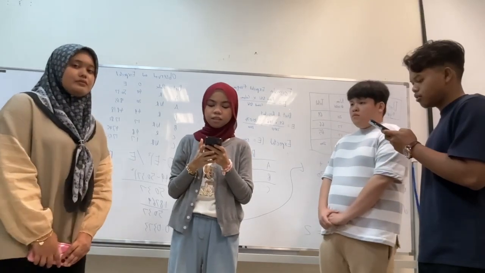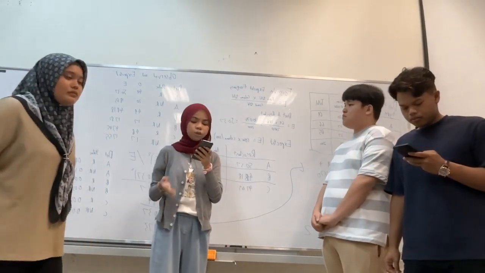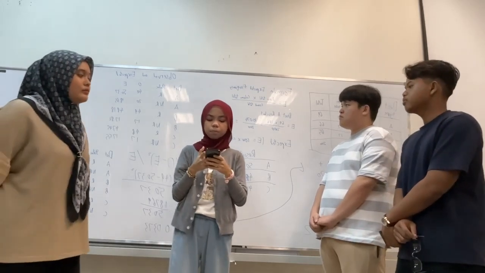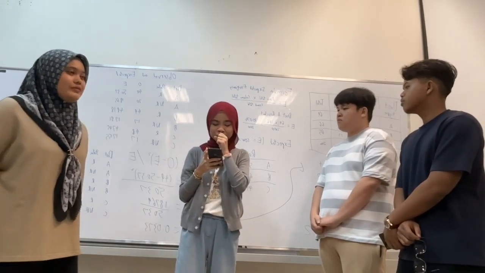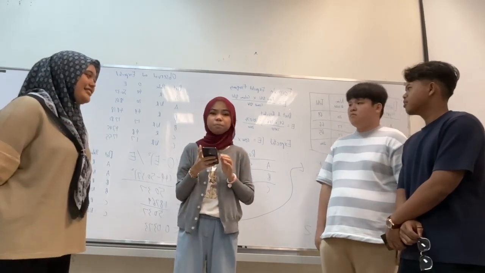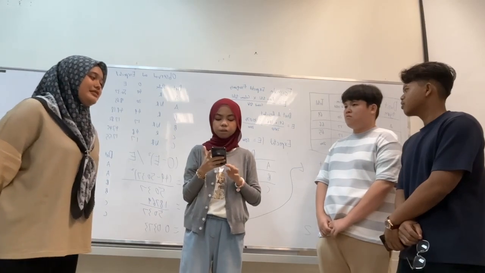Next is the decision rule and the test conclusion. To make a statistical decision, we use the p-value and compare it to our significance level, which is typically set at 0.05. If the p-value is less than 0.05, we reject the null hypothesis.